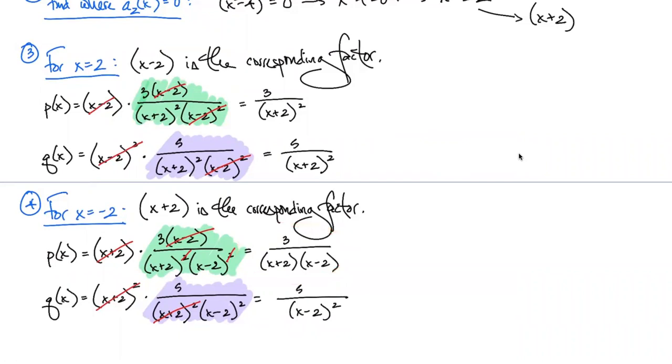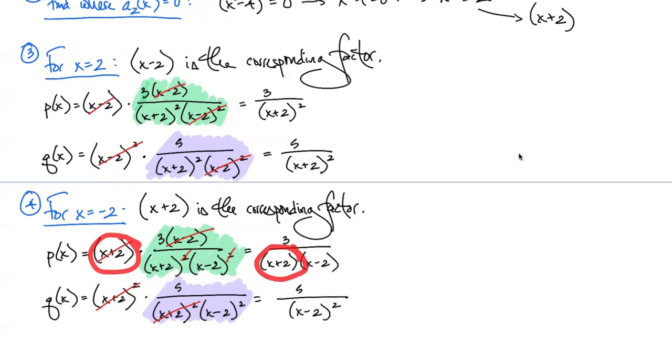And the reason it stands out more than the others is thinking about, like, if we were to compare and contrast what happened when we plugged in something versus what came out, we might notice that here we multiplied by x plus 2, but at the output, we still had an x plus 2 in the denominator, right? So the thing that we multiplied by still showed up.